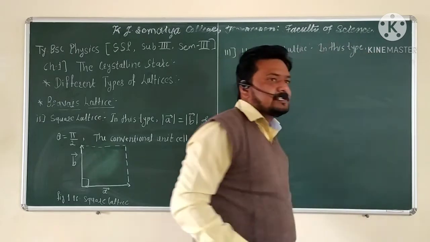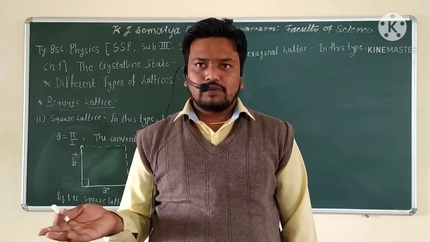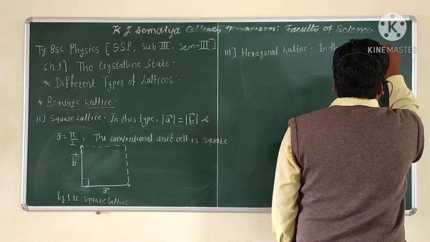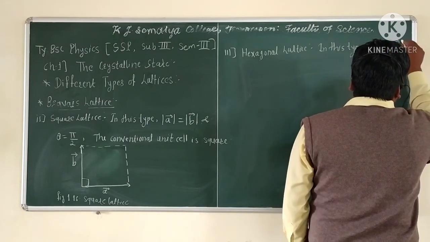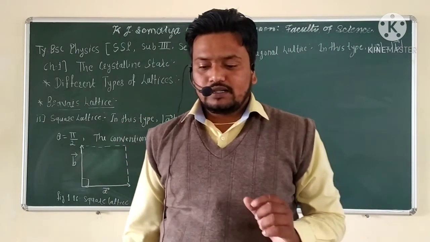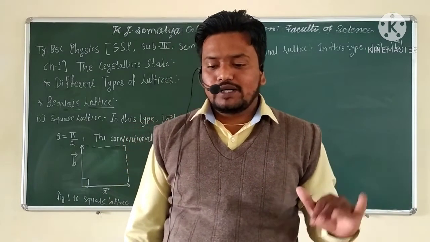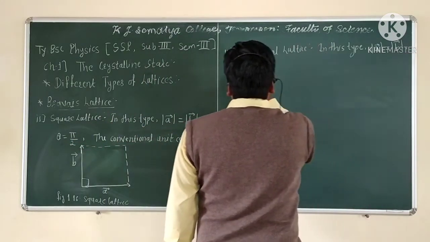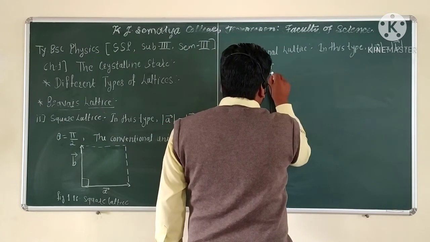So what is the relation between vector a bar and vector b bar? Mod of a bar is equal to mod of b bar. That is, the length of vector a bar and the length of vector b bar are the same, and the angle between vector a bar and vector b bar is theta equal to 2 pi by 3.